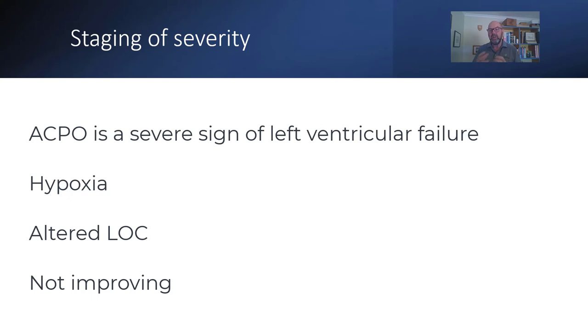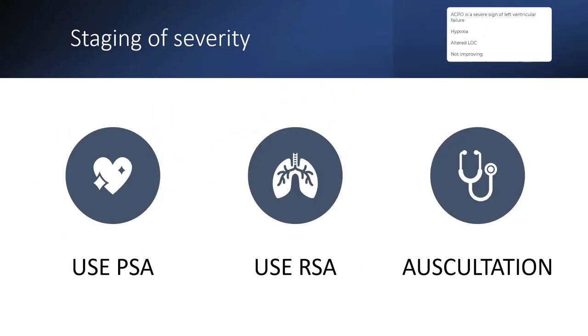And again, the use of positive pressure ventilation via a bag mask, PEEP valve, and supplemental oxygen is going to be the first step. You can use the perfusion status assessment and the respiratory assessment tools to complete the severity assessment when you're not dealing with patients who have an altered level of consciousness or other severe symptoms.